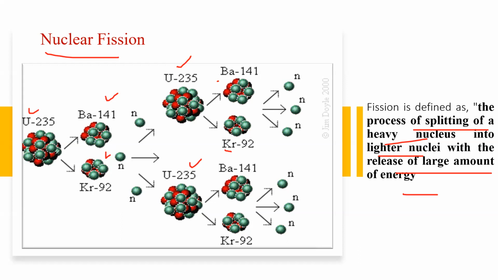It is a continuous reaction used to produce heat, and this heat is converted into mechanical energy, and this mechanical energy is converted into electrical energy by using the alternator. This is nuclear fission, which is always performed in your nuclear power plant.